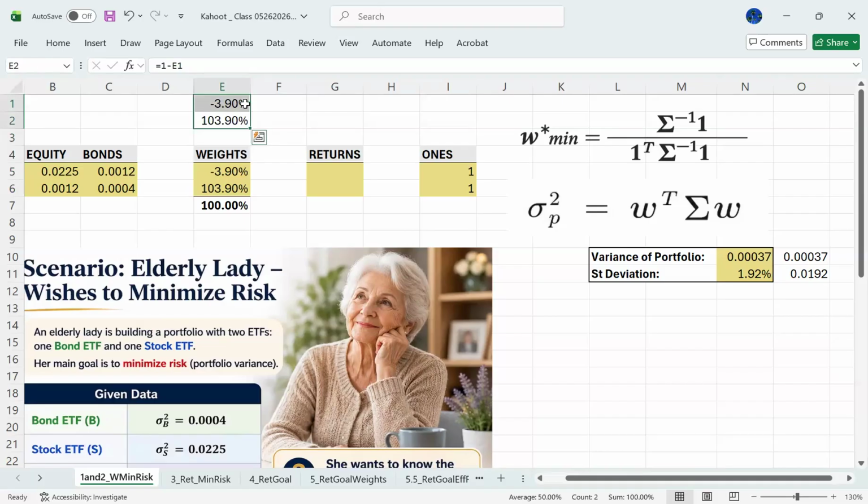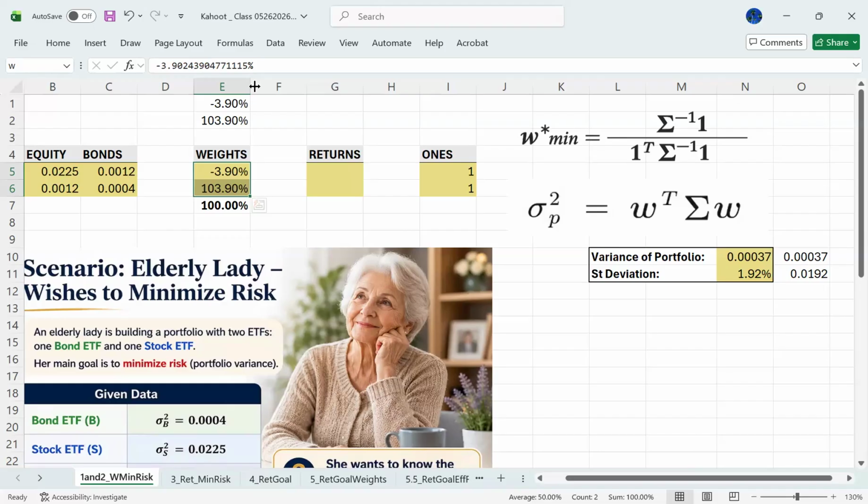Let's keep in mind what solver is doing is essentially iterating over all possible values for each of those weights, all possible weight combinations.